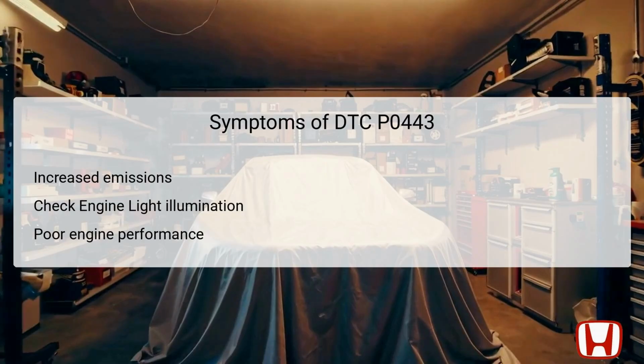In some cases, the driver might also notice a decline in engine performance, which could manifest as rough idling or trouble accelerating. Addressing these symptoms promptly is essential, not only for ensuring regulatory compliance, but also for maintaining the vehicle's overall efficiency and longevity. If neglected, these symptoms can lead to more severe ignition or emission system problems.